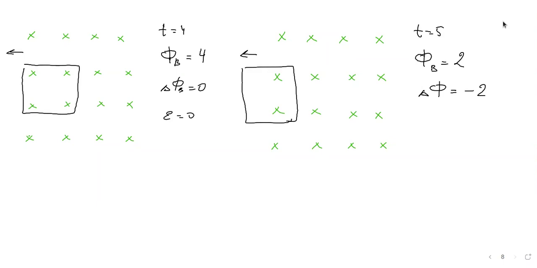Okay, what should be the direction of the induced magnetic field? Let's go back from this. What has happened? We lost 2 crosses, yes? How can we compensate for this? Adding 2. We want to add crosses, yes?